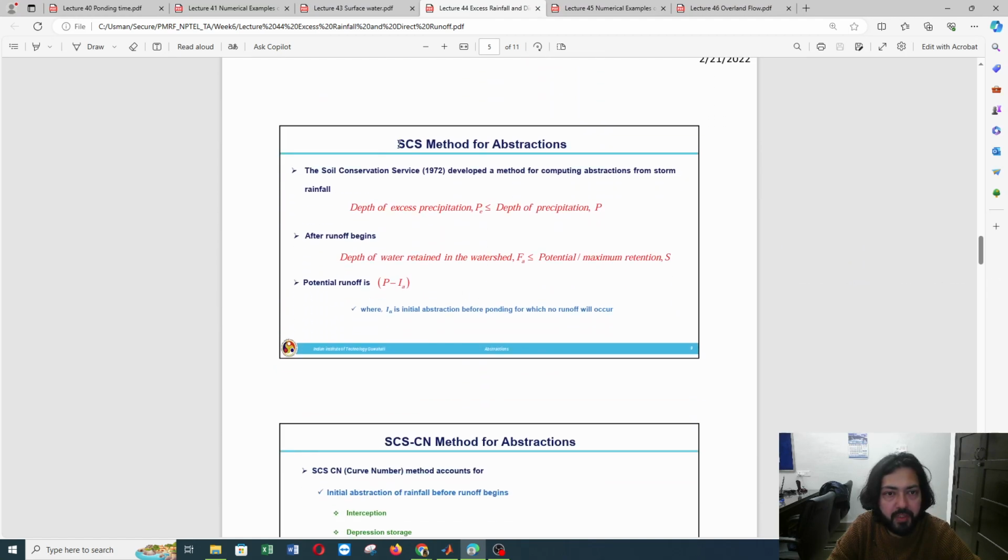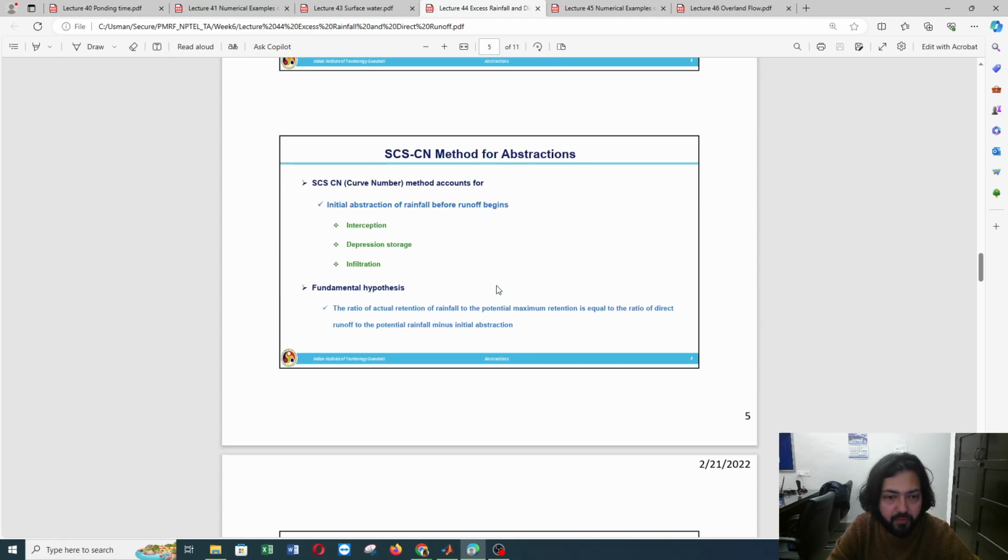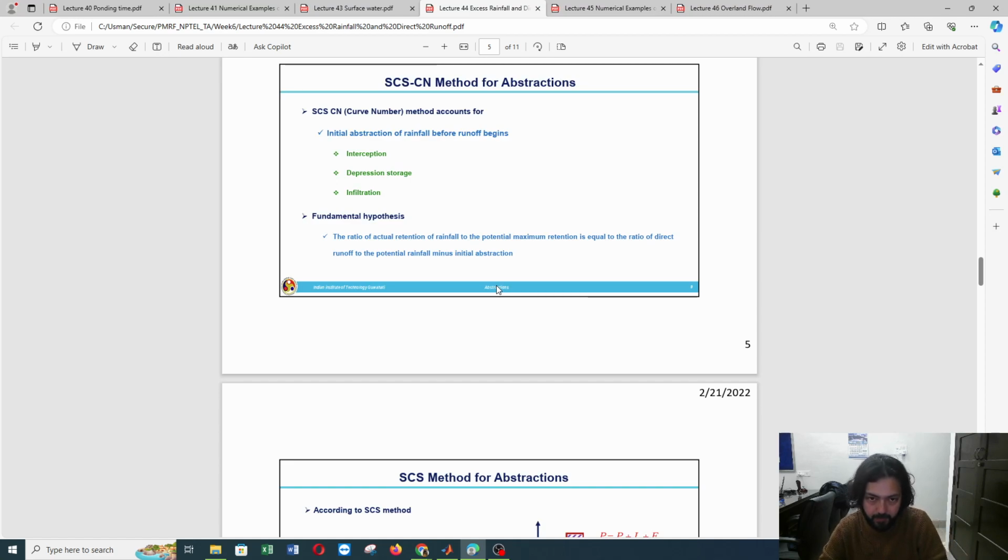The most important method is using the SCS method to calculate abstraction. Let us look briefly at the SCS curve method, and how it is used to calculate direct runoff.